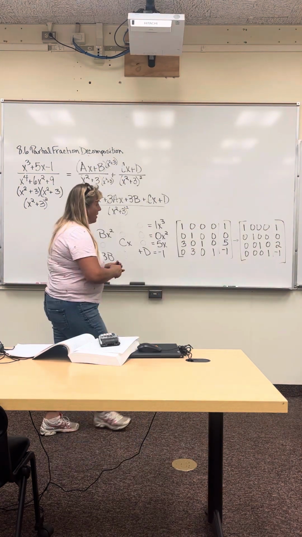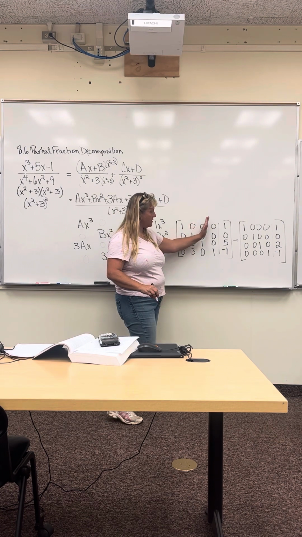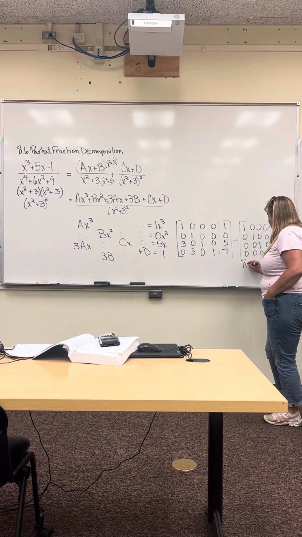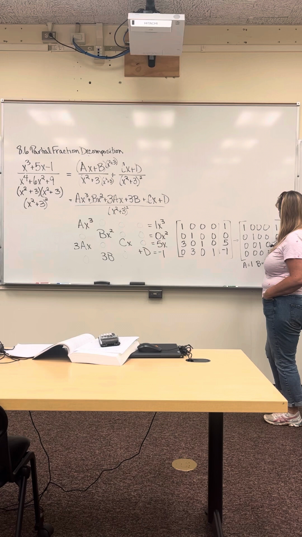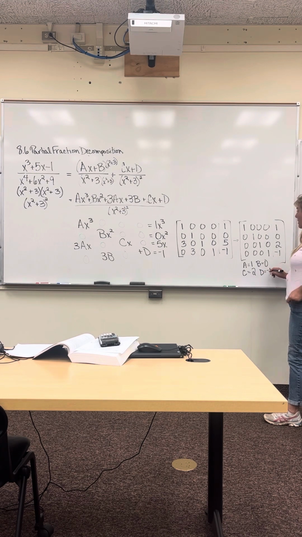Okay, now remember, the first column is the A's, the B's, the C's, the D's. So this one is that A equals 1, B equals 0, right? C equals 2, and D equals -1.